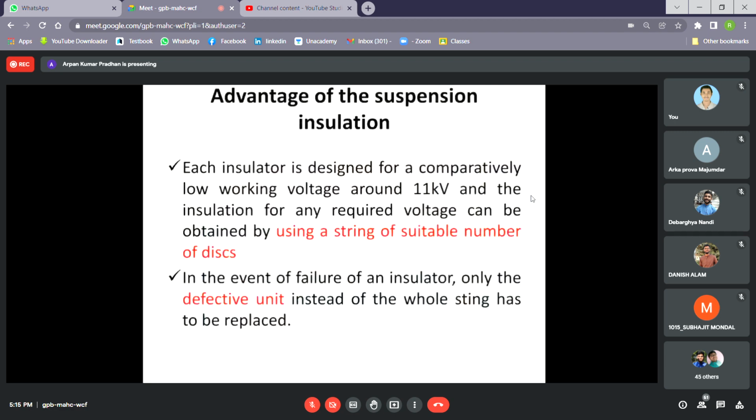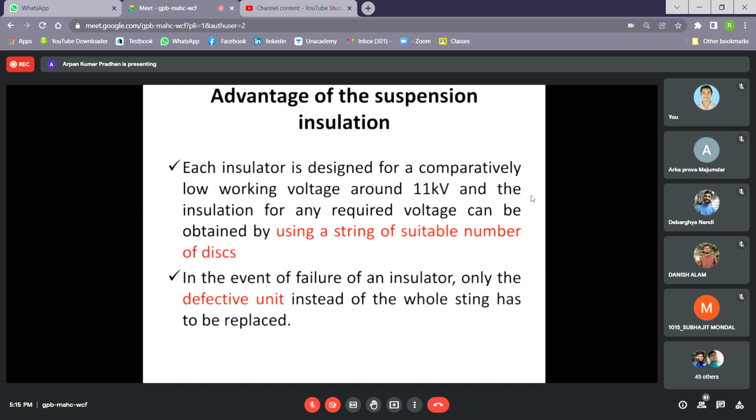Now, what are the advantages of using the suspension insulator? First of all, these insulators are designed generally for 11 kV. If you want to use them for higher voltage, you can connect them in series. But the most important thing is that if you used a single unit, you would have to design a number of spare parts for different voltage levels.